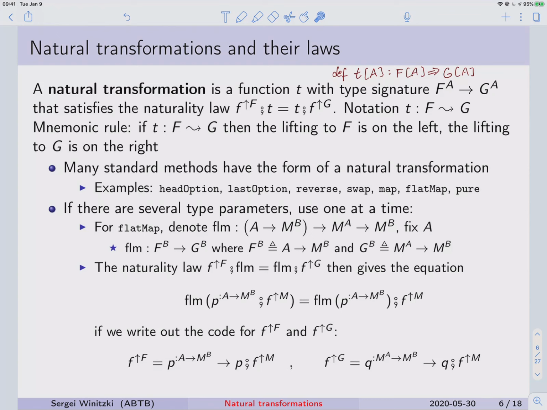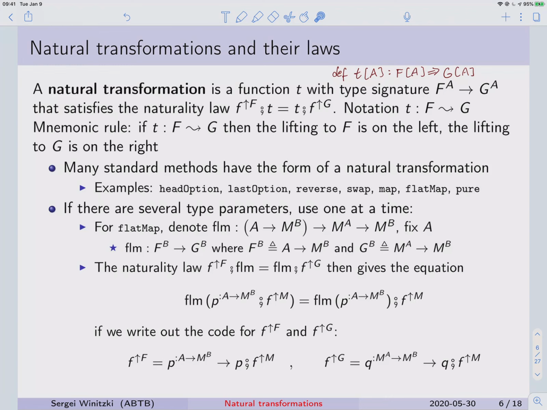Now, some of these methods have more than one type parameter. Note that here I did not allow for more than one type parameter. So the notion of natural transformation is relative to a specific chosen type parameter. If there are many, you need to use one at a time.